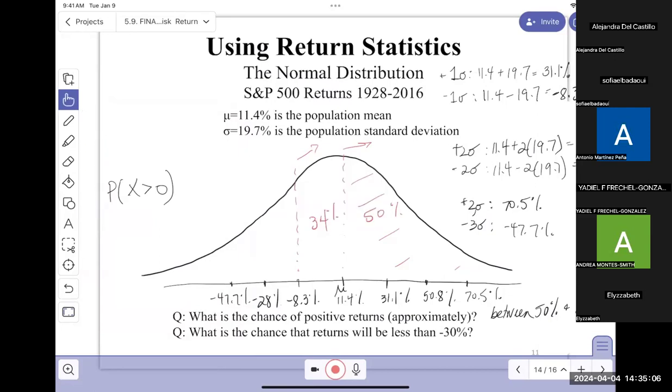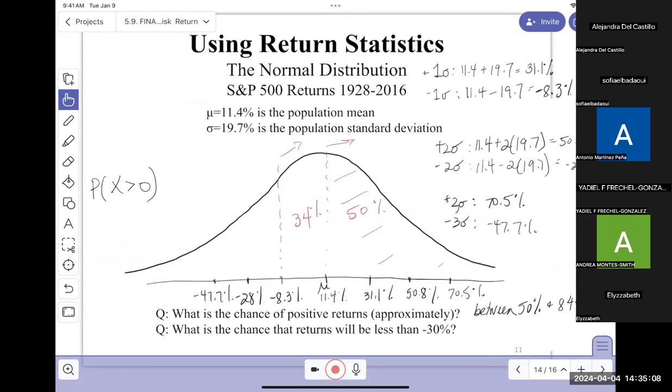Okay, what is the chance that returns will be less than negative 30? That one's a little easier. So where's negative 30? It's about here, right? It's a little bit below that.